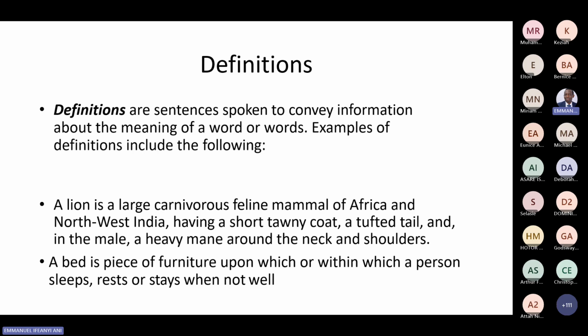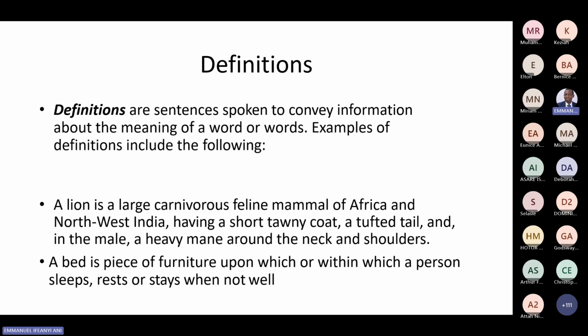Definitions. Definitions are sentences spoken to convey information about the meaning of a word or words. Examples of definitions include the following. A lion is a large carnivorous feline mammal of Africa and Northwest India, having a short, tawny coat, a tufted tail, and in the male, a heavy mane around the neck and shoulders.